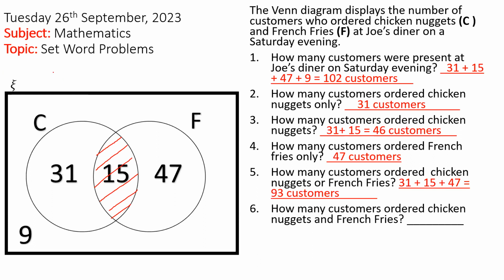Now "and" in set theory, or "both," that means intersection. So "or" means union, and "and" means what? Intersection.